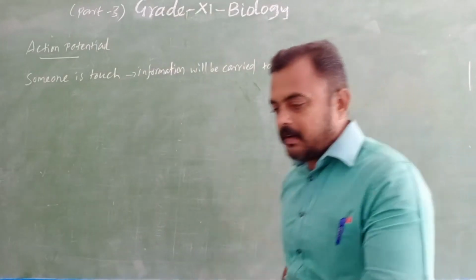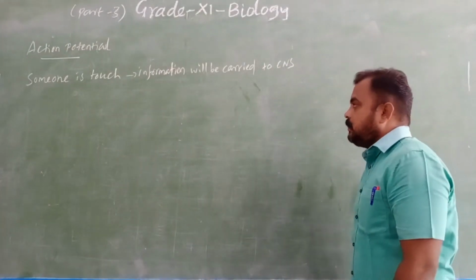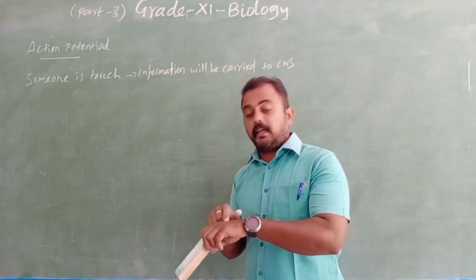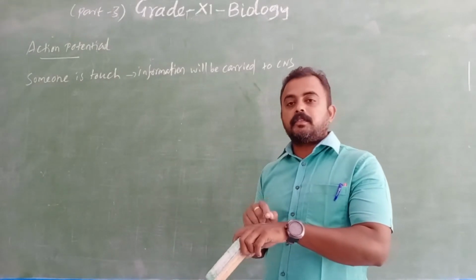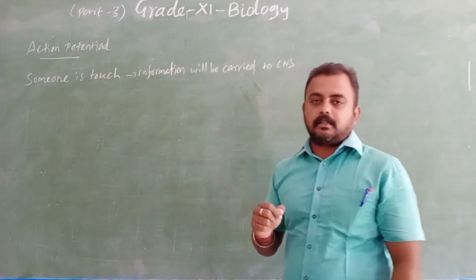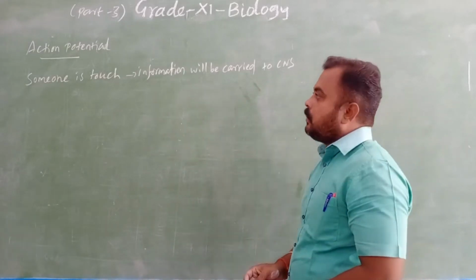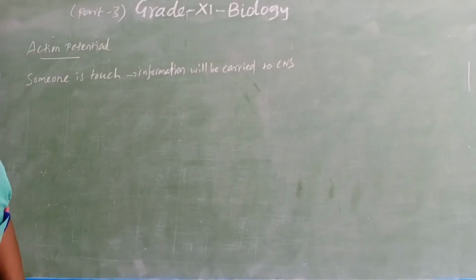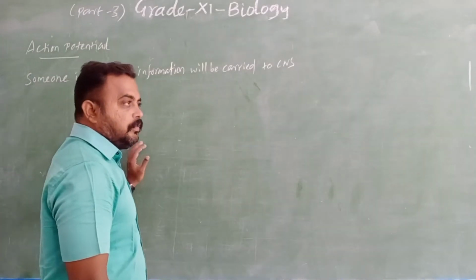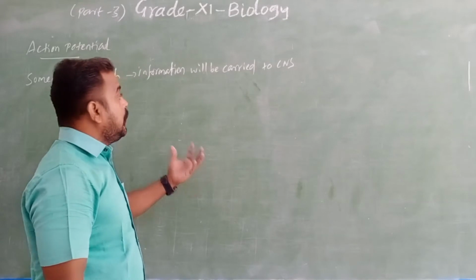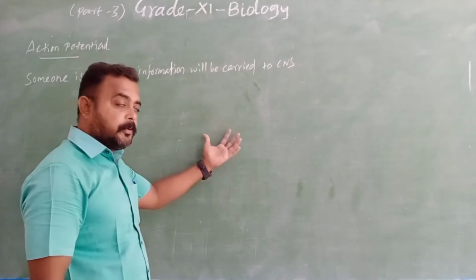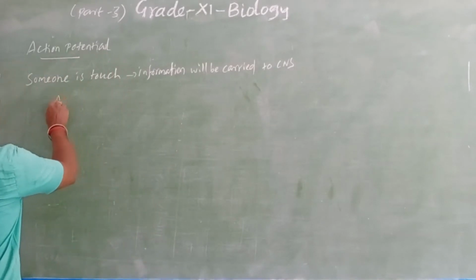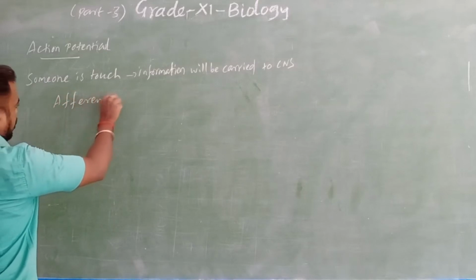Wherever it is, if someone is touching here, that touching feeling will be carried to the CNS, that means to the spinal cord and brain. Which fibers carry the message from the muscle to the brain? Afferent fibers.